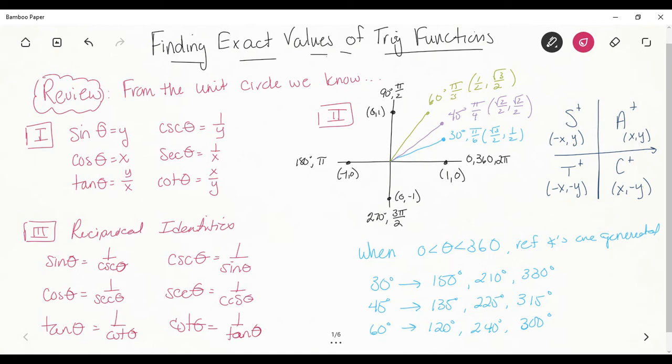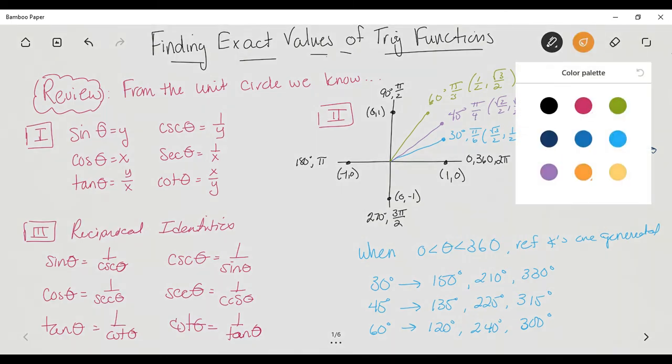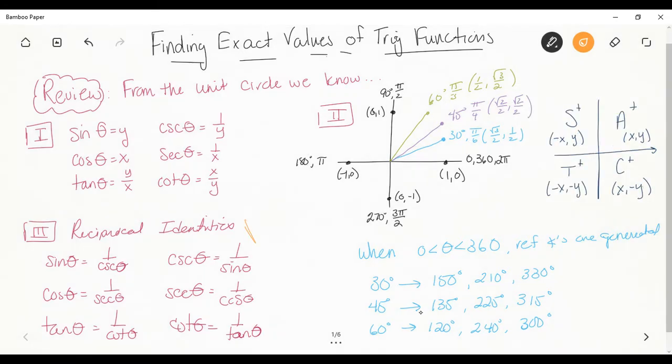All of this you must know and memorize. You will be responsible for exact values, knowing all of this information. Okay, so let's find some exact values.